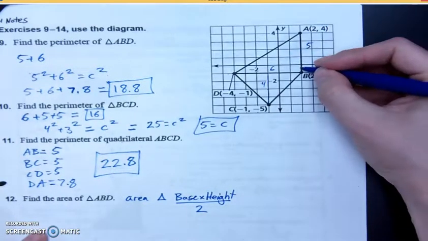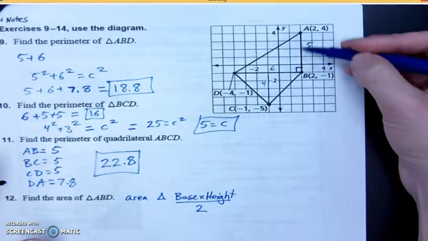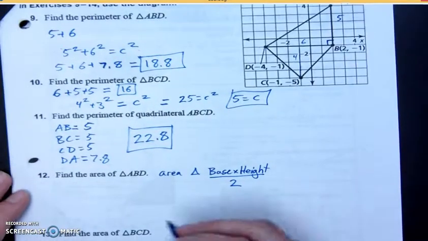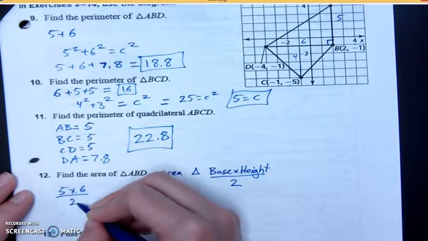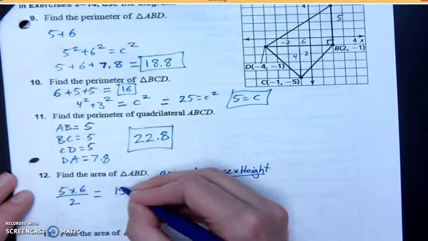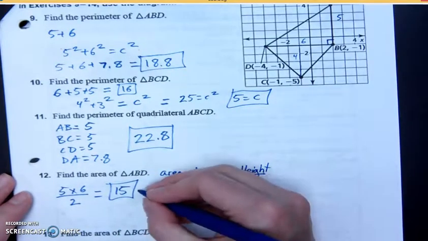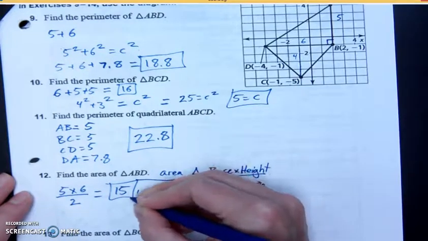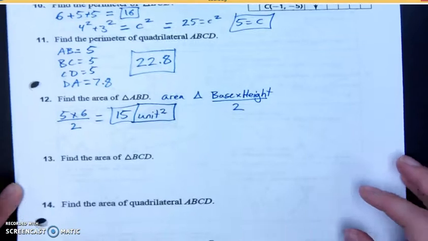Yes, and how do we know? Because we're in a coordinate plane and they're level, right? And so they're already perpendicular sides, and so we just do 5 times 6 divided by 2, which gives us 15. This one I'm going to go ahead and put units squared here because it's important to know now we're doing area, and so we're dealing with squared units, not just straight counting. Sorry, some of you guys couldn't see that.